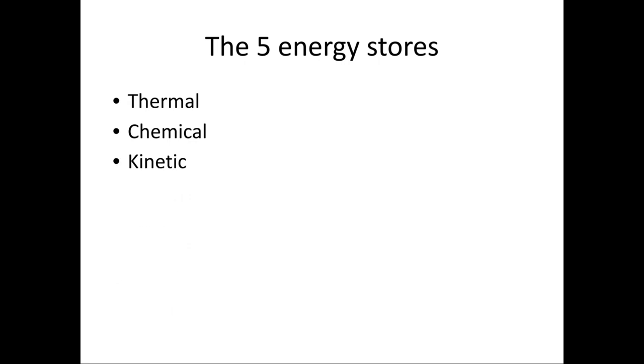Then we've got kinetic energy, which is the energy of a moving object. To fill up the kinetic energy bucket, we would need to speed something up. As something slows down, we are emptying the kinetic energy store.